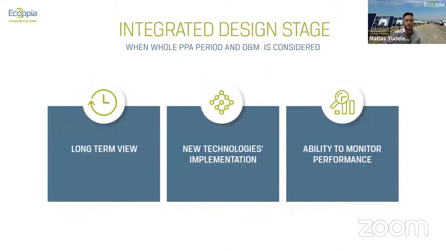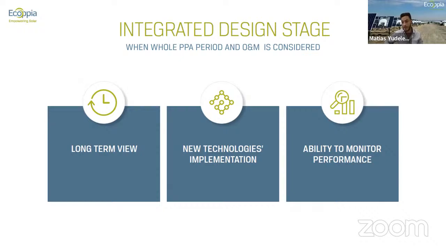Now, an integrated design stage, at the end of the day, when the whole PPA period and O&M is considered, has a lot of benefits. On one hand is the long-term view. As we mentioned, one of the most important things is to consider the whole PPA of the plant when we design the plant, and not just the reduction of capex. On the other hand is the implementation of new technologies.